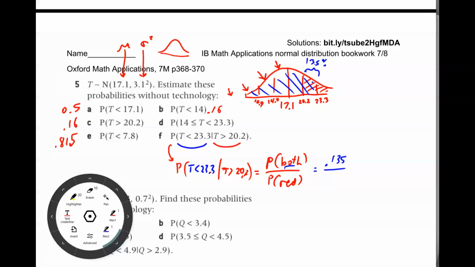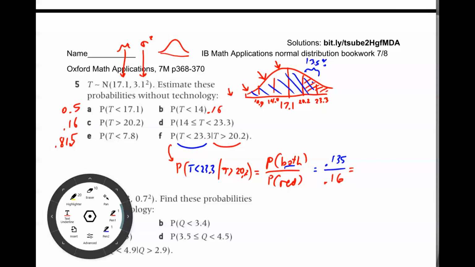And then the probability that t is greater than 20.2 is the red part, which is 13.5 plus 2.5. It's 16%. So the red part is 16%. I'm going to put it in decimal also. Now I cannot do this without the calculator. That would take forever. I would have to do long division.